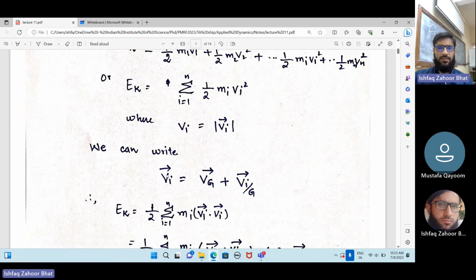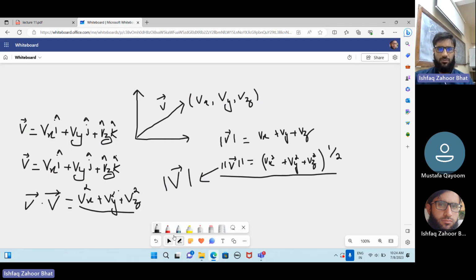Also, we have previously seen that we can write V_i equal to V_g plus V_ig. I have shown this previously, but let me do it again.